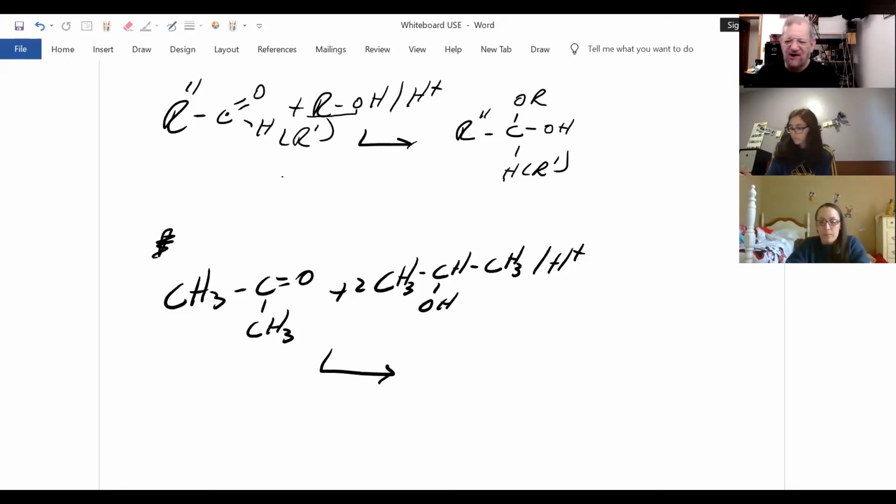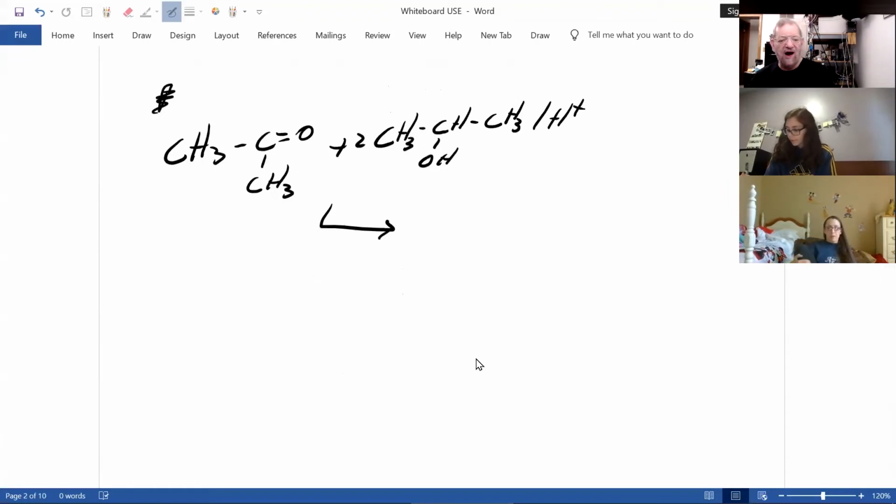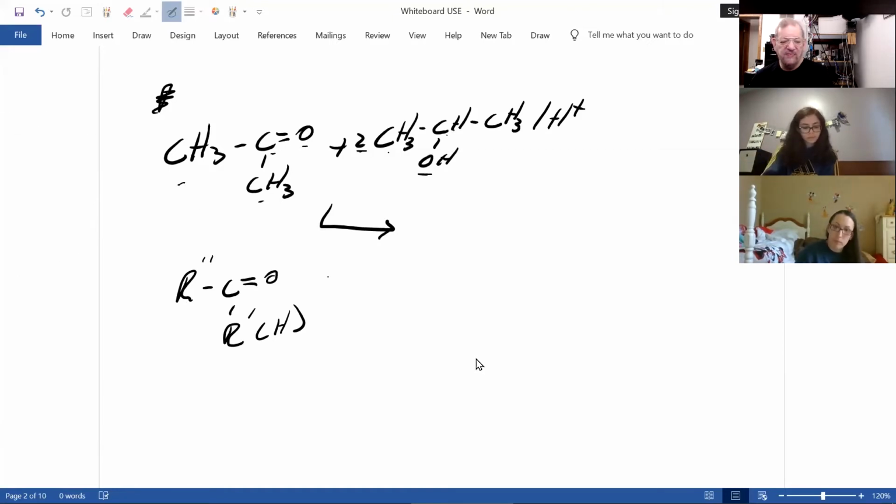All right, I think everybody's done. Let's do this. What do we have that's different? Ooh, oxygen double bonded to carbon. Carbon's here, carbon's here. It's a ketone. Could have been an aldehyde if R prime was hydrogen. And then what do we have here? Carbon, ooh, oxygen with a hydrogen and a carbon, and there are two of them. That's an alcohol.